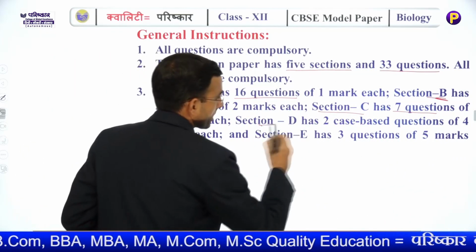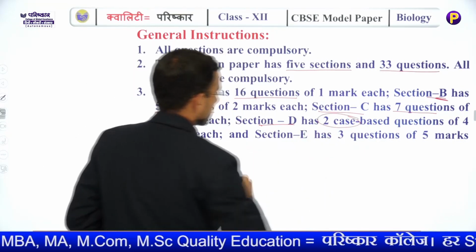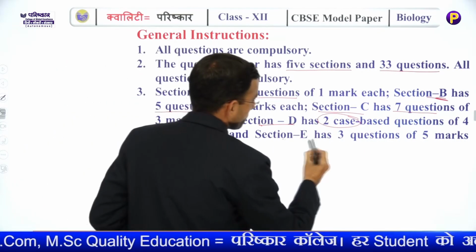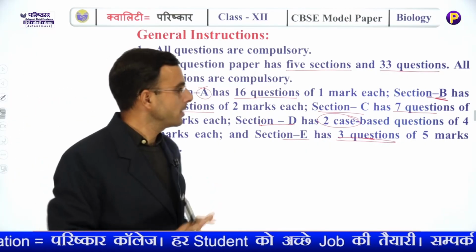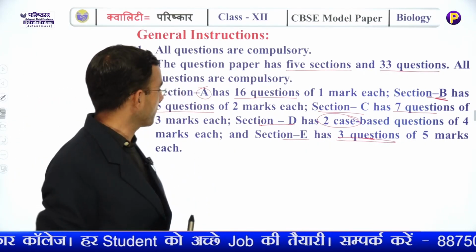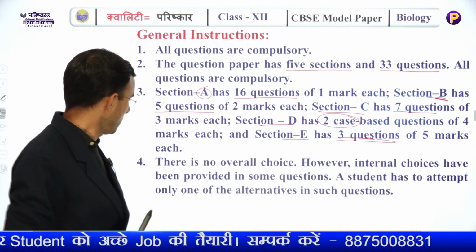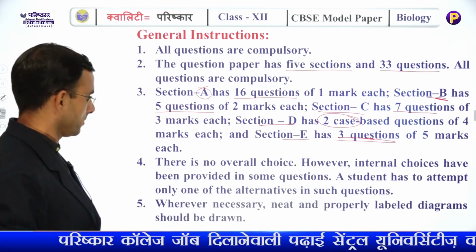The fourth section contains 2 case based questions, and the last section contains 3 questions. So that is the clear-cut demarcation of the distribution of questions in different sections.